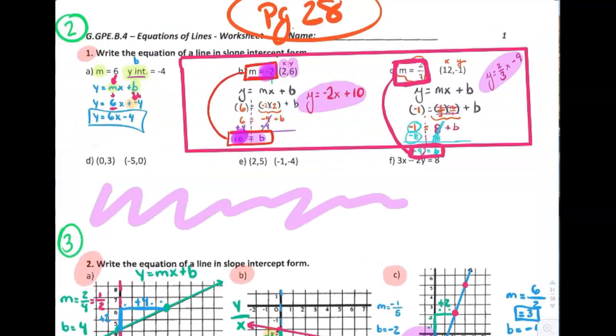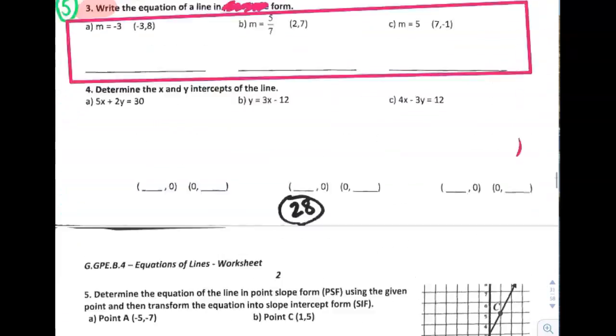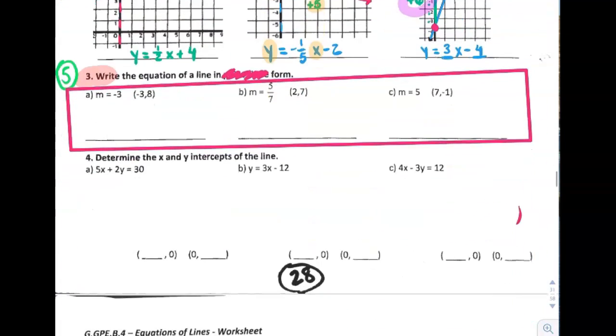This stuff here is for tomorrow, so I'm going to jump ahead now from page 28 to, oh, we're going to stay on 28. Let's go to the bottom of 28. 3, ABC. And notice behind here what I crossed out, it said point slope form. Point slope form I'm not going to talk about yet.